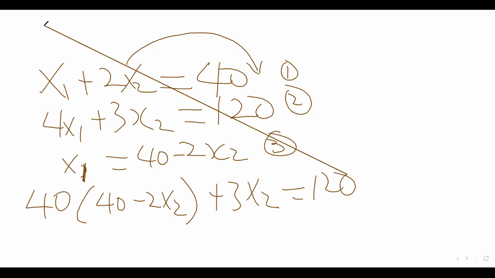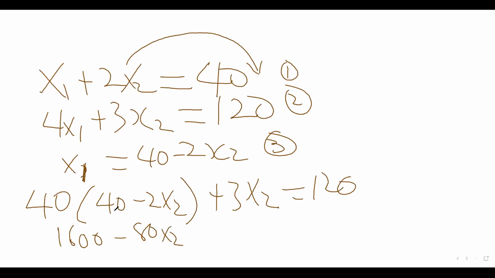Okay, equal to 120. And at this stage, you can easily solve this equation. You can multiply 4 by 40, and that will be 160. So you get 160 minus 8x2 plus 3x2 equal to 120.